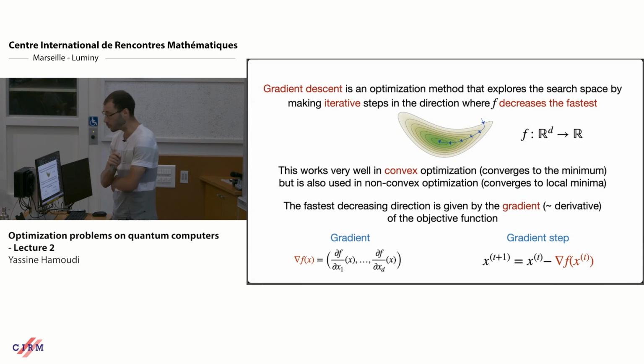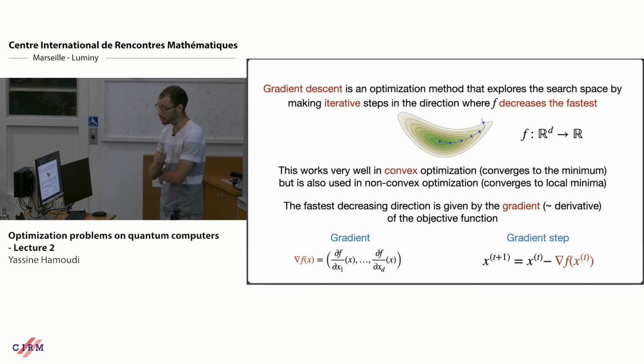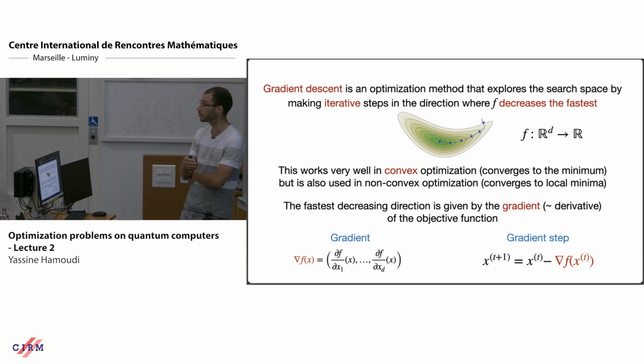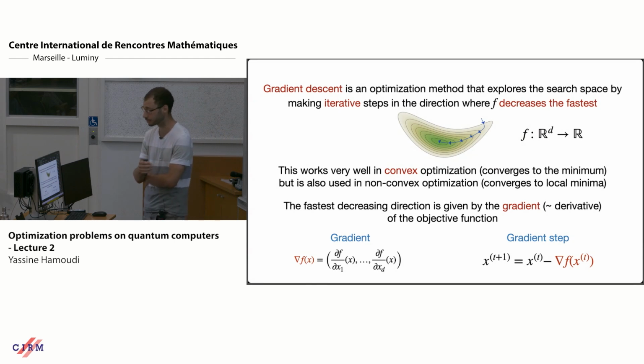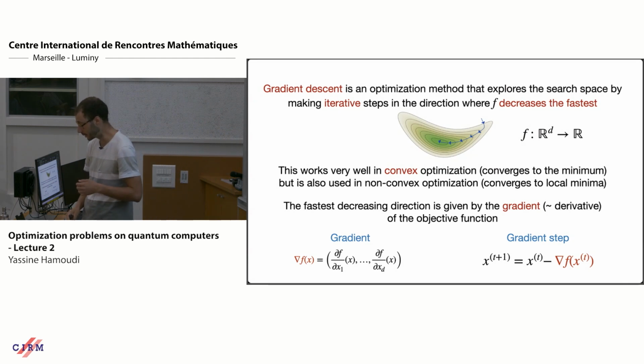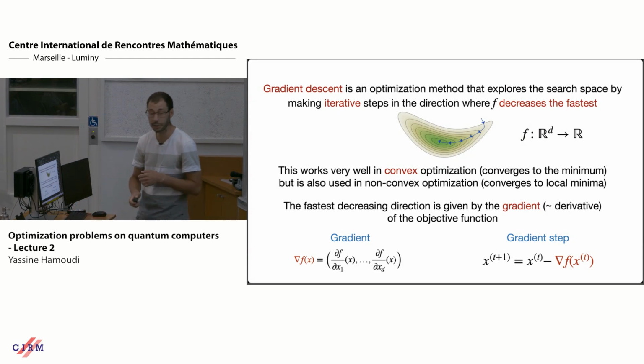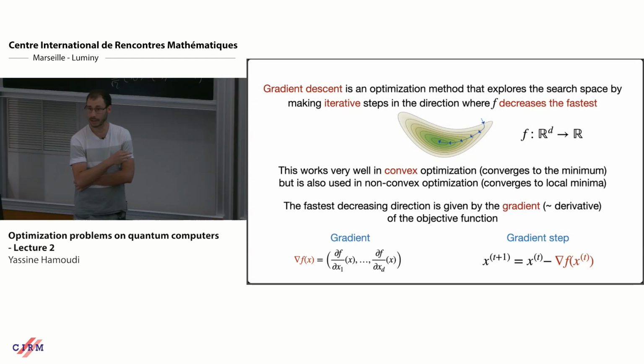So the question we are going to answer is: how efficiently can we compute the gradient? This is a quantity that you need to know if you want to make a move. So how hard is it to compute the gradient? In particular, what you should have in mind is the dimension of the problem, like how many inputs there are in the input space, which is typically something that can be very large.